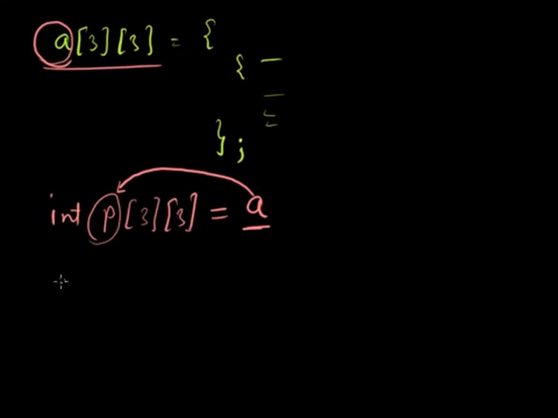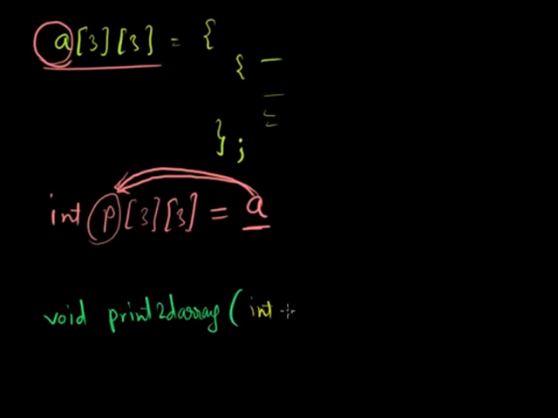With this, let us write a program which does nothing but print an array using a pointer. So when you assign, you actually assign a pointer. So let us write our function, which soon we are going to write in our compiler. The name of our function is print 2D array. It returns void. It does not return anything. It accepts an integer array, let's name it p, which is a 3 by 3 array.